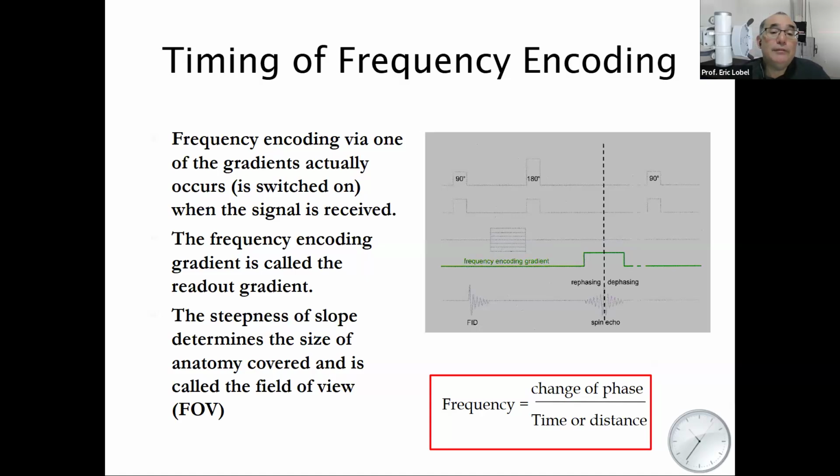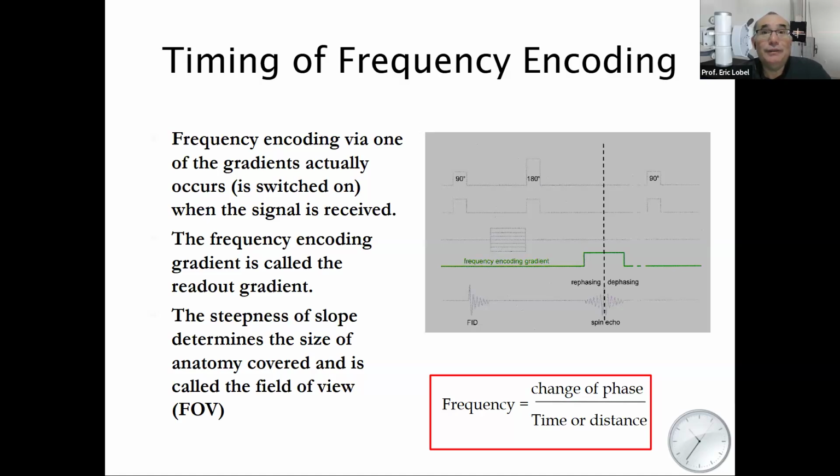So again, the steepness, or what we call the slope, is going to determine the size of the anatomy that we cover, and to a certain extent what goes into signal to noise, right? We said signal to noise is affected by not just the bandwidth that we're talking about now, but TR also has an effect. When the TR is up, the signal goes up. When the TE goes down, the signal goes up. When the slice thickness is thicker, the signal goes up.